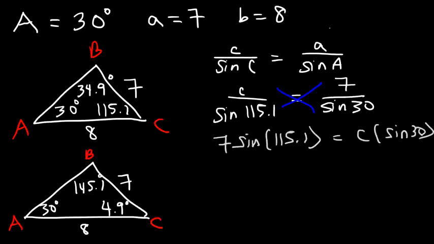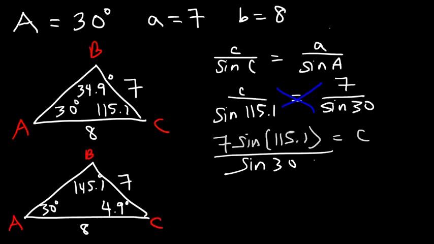So to get C by itself, we need to divide both sides by sine 30. So I'm just going to go ahead and do that now. So you should get 12.7 for side C.